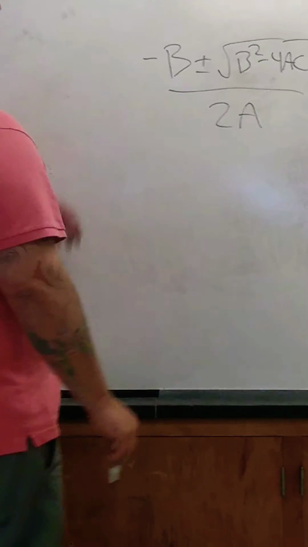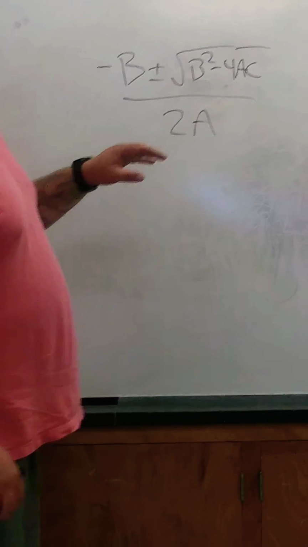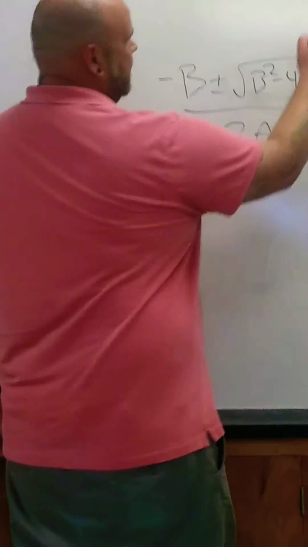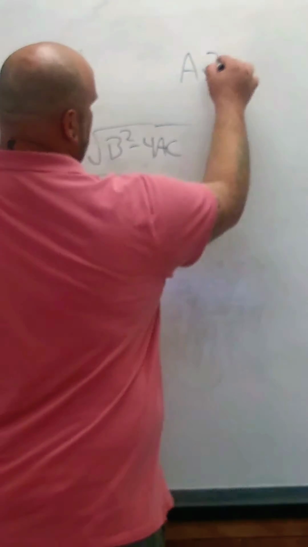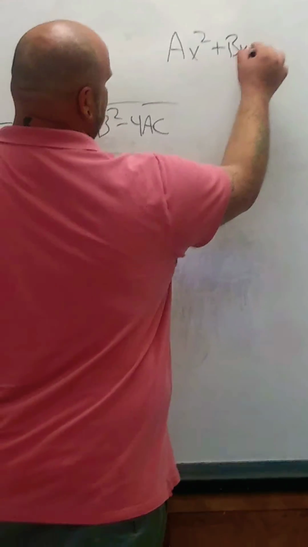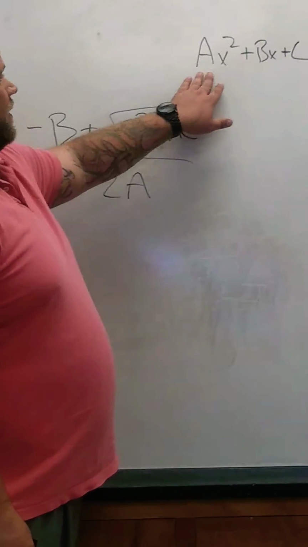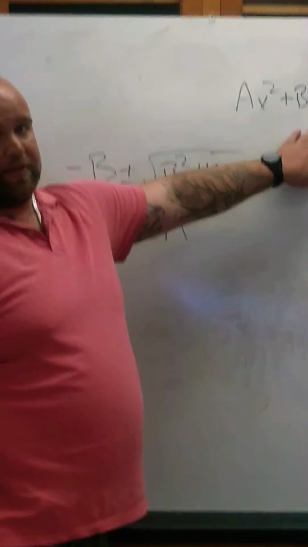Now, they can get the negative b part and the 2a part. I did a lesson previously where they're identifying a, b, and c, right, out of ax squared plus bx plus c. So they already knew how to identify the coefficients a, b, and c.